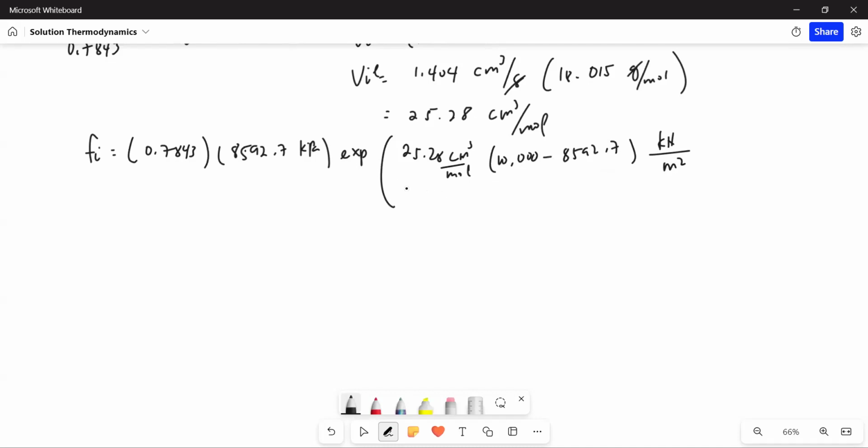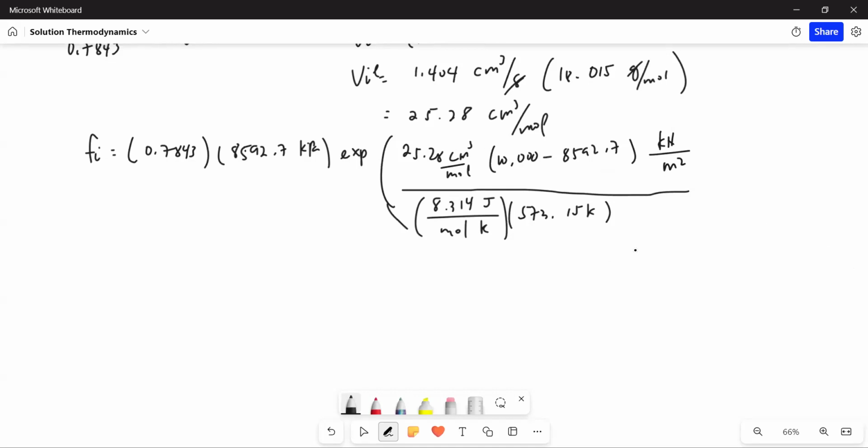At the bottom, we write 8.314 joules per mole Kelvin times 573.15 Kelvin. Our goal is to make this quantity dimensionless.